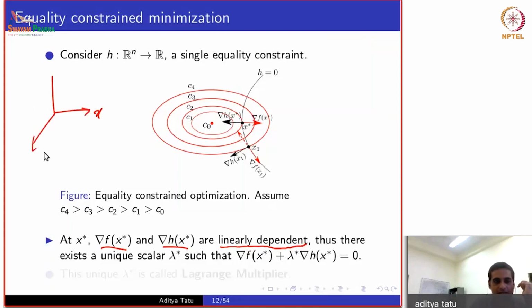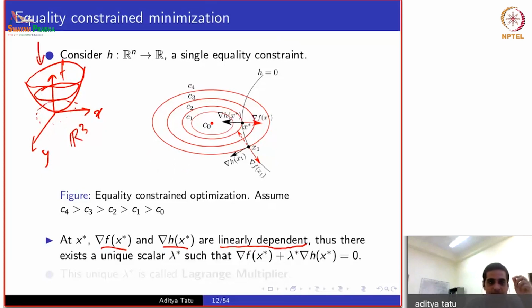So the actual picture, at a particular level surface of the cost function, we're looking at multiple level surfaces of f, and we're trying to find the minimum value of any of those level surfaces of f. So it's like this picture in R3. If I look at this picture from top, then I get this picture.